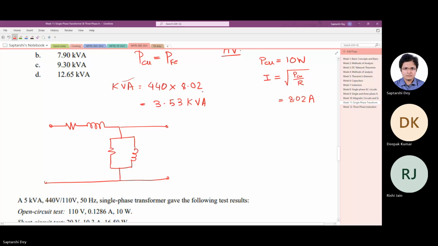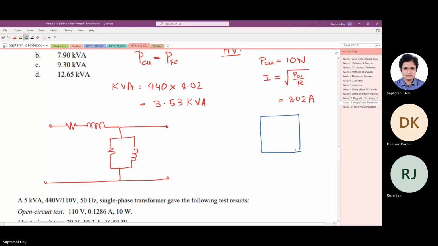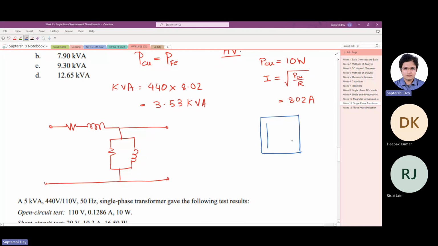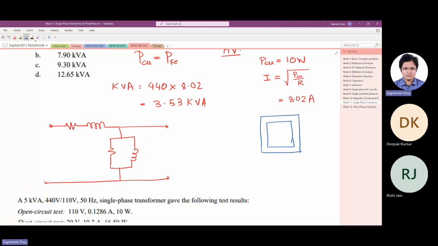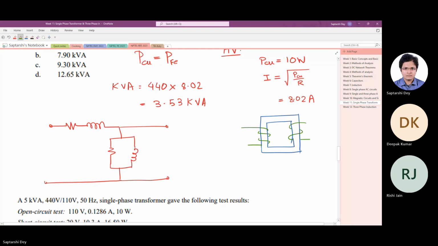This is the core, and this is the winding. So these are the two primary components of a transformer.